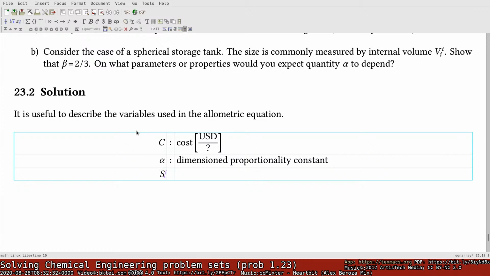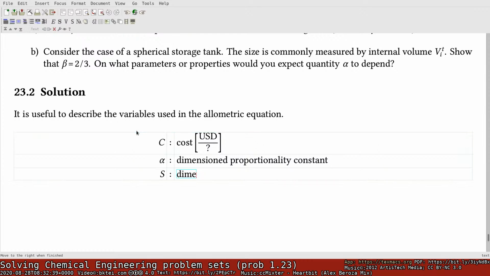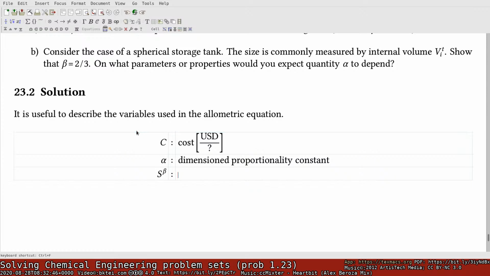And then S is, well, let's see. What if we can just do this? Describe the whole thing. That itself is a dimensionless factor.